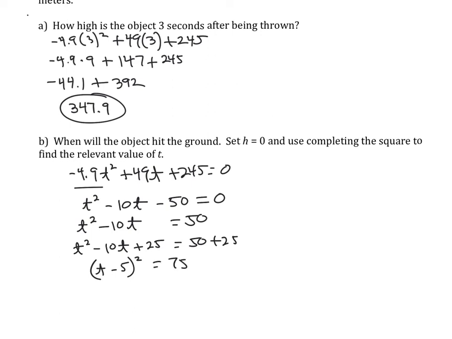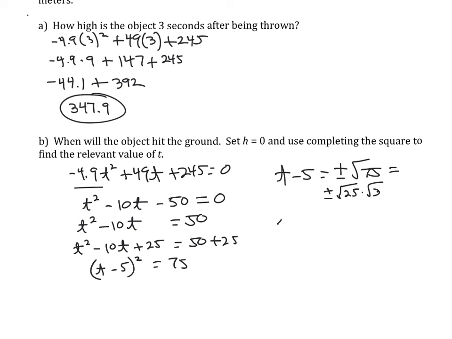Okay, take the square root of both sides, get t minus 5 is equal to the positive or negative square root of 75, which can be rewritten as the square root of 25, positive negative, times the square root of 3.